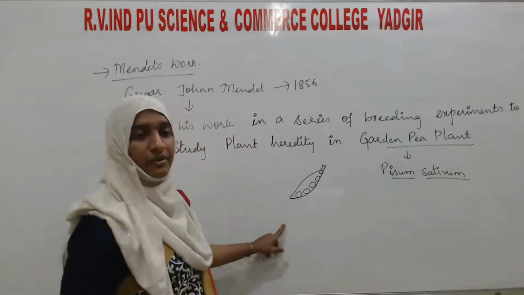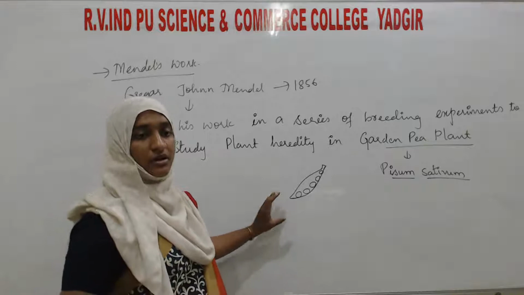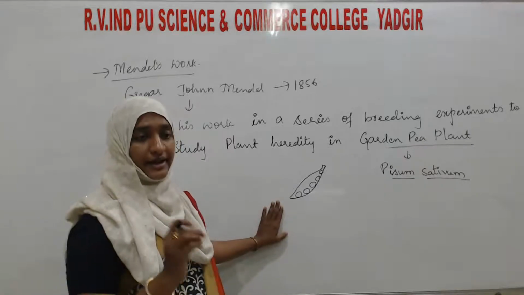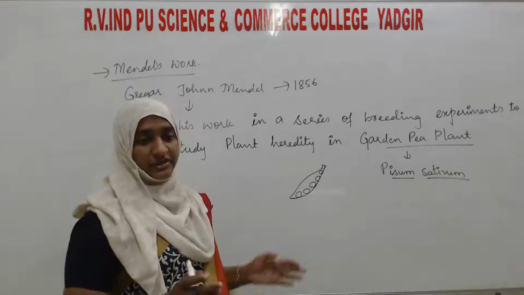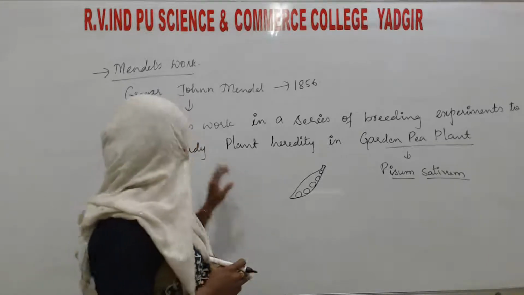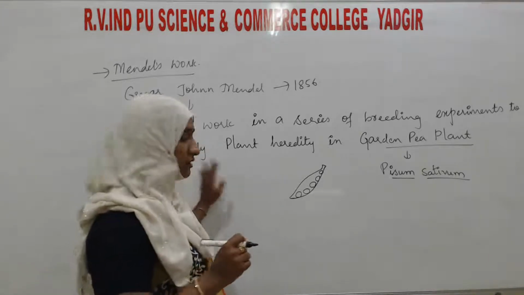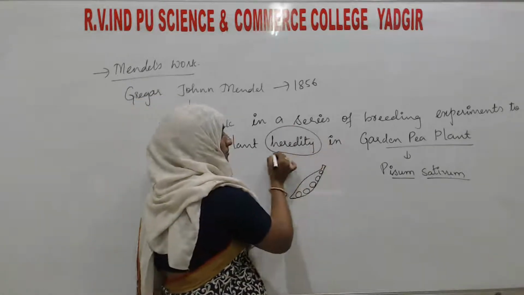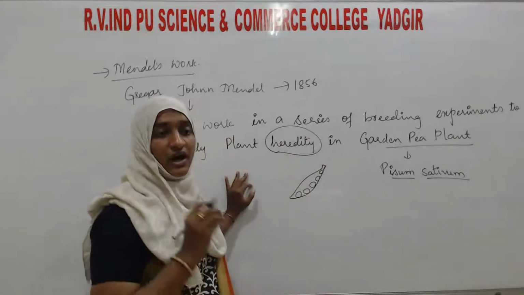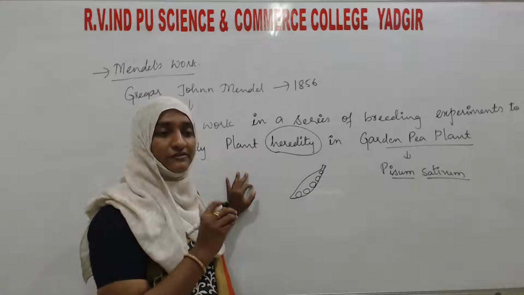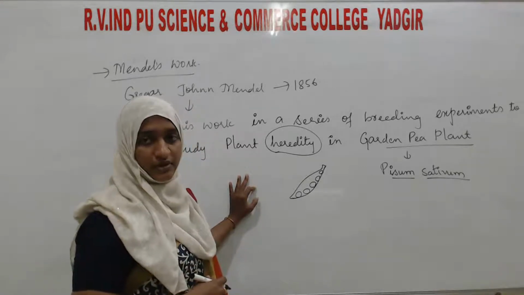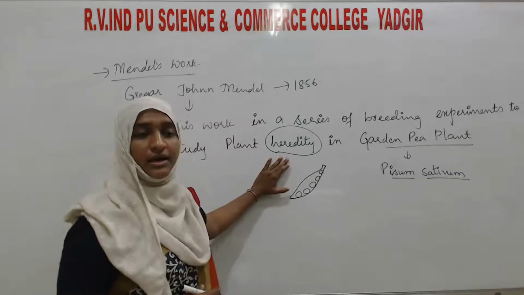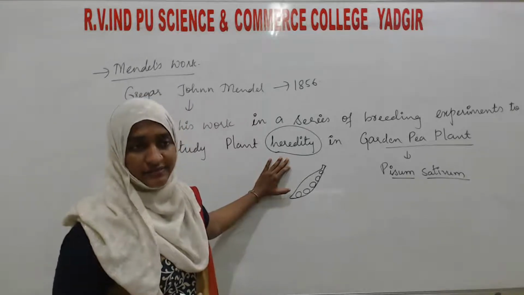This is the pea plant. On this pea plant, he had done a series of breeding experiments, that means mating experiments, to study heredity. Heredity means how the characters are going to transfer from one generation to another generation. That is known as heredity or inheritance.